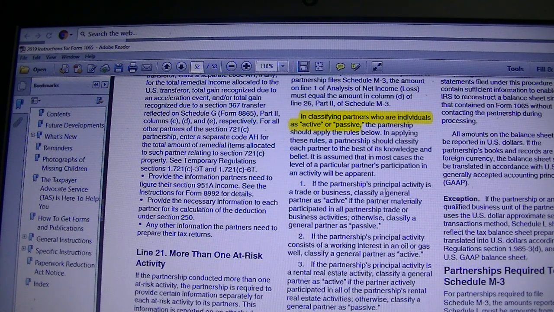So if the partnership principal activity is a trade or business, which this example is, classify a general partner as active. And we don't have a general partner because that's an LLC, but if that's just a partnership, you'll have a general partner. So you'll classify the general partner as active if the partner materially participates in all partnership trade or business activities, that's the condition. Otherwise, classify the general partner as passive.